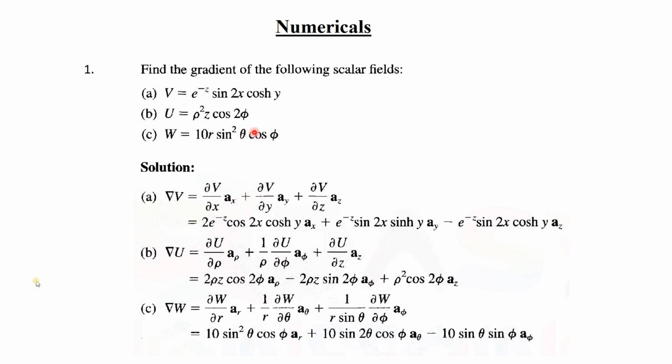Then next with respect to phi: the derivative of cos 2 phi is minus 2 sine phi, so this will become minus 2 rho square z sine phi, unit vector phi, plus with respect to z. Only z will be eliminated, so it will be rho square cos 2 phi, unit vector z. Very simple.